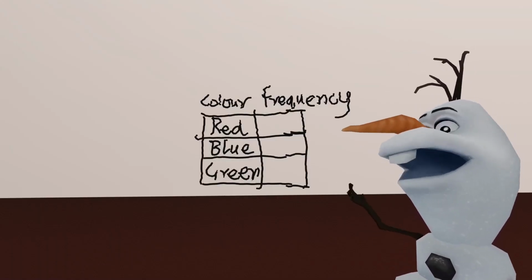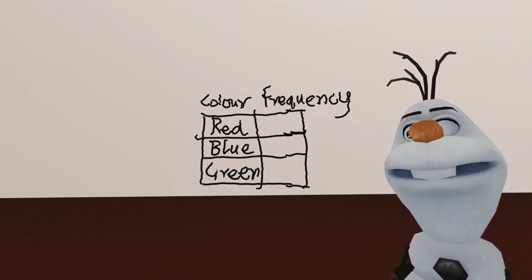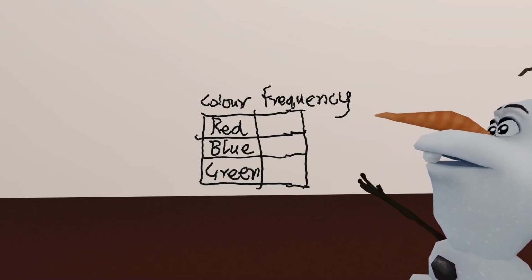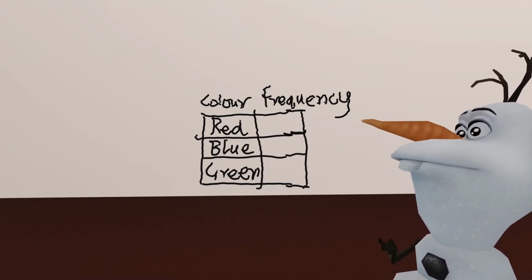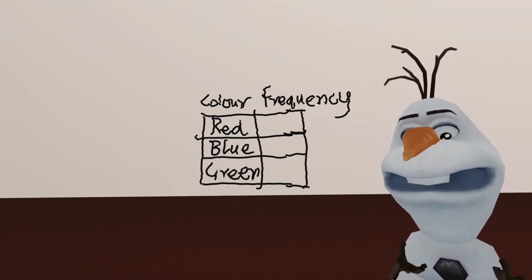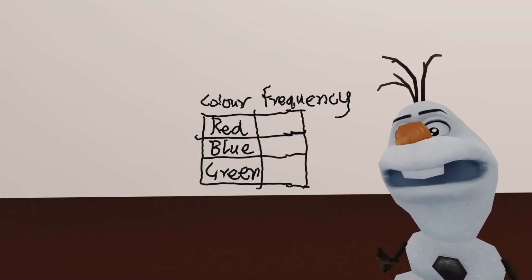This here is called a frequency table. In the first column, we have our things, and in the second column, we have a frequency. Now, in this frequency, this is where you write how many of each thing was picked.